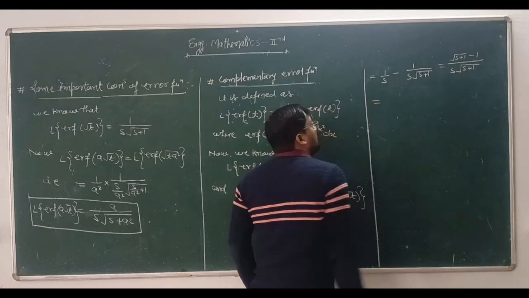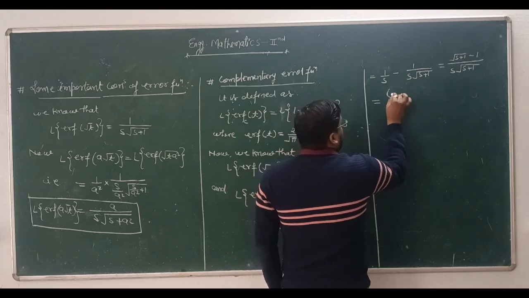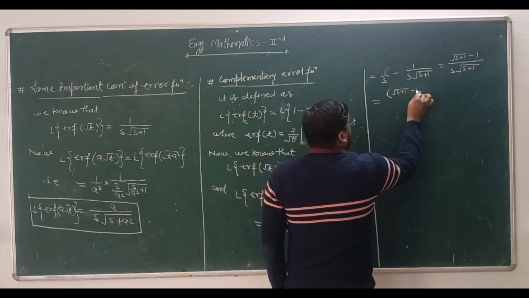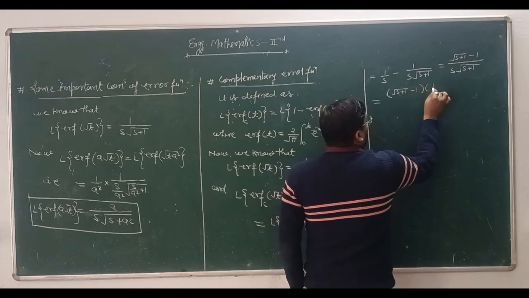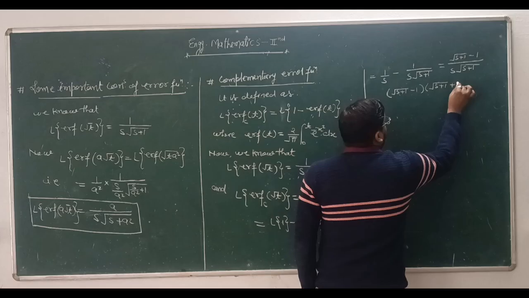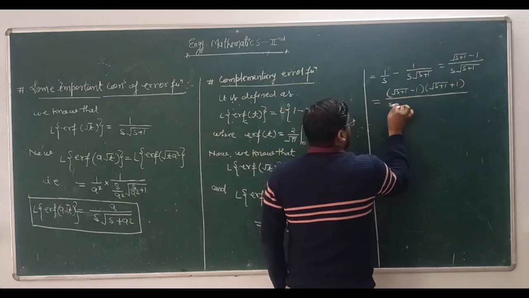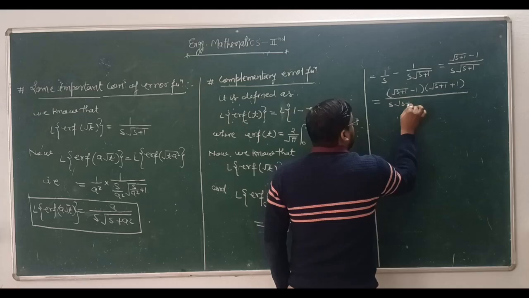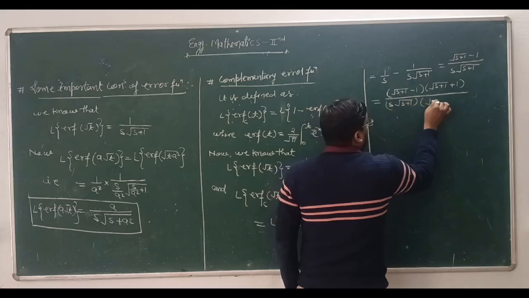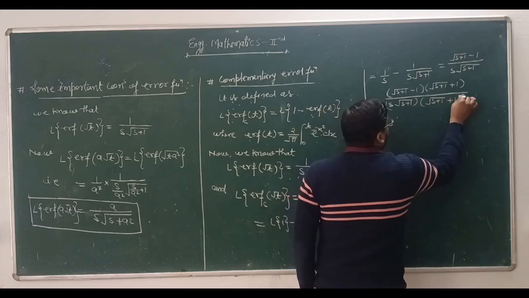Now you can use the conjugate method. Now you can write this as root s plus 1 minus 1 bracket root s plus 1 plus 1, total upon s under root s plus 1 bracket root s plus 1 plus 1.